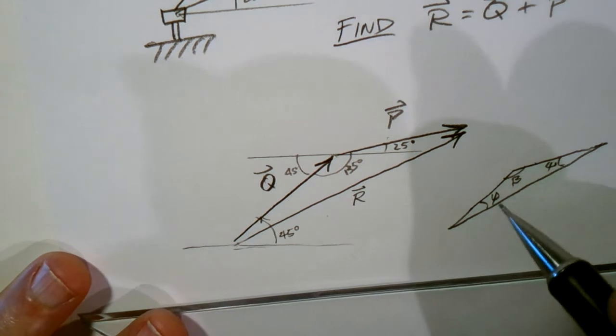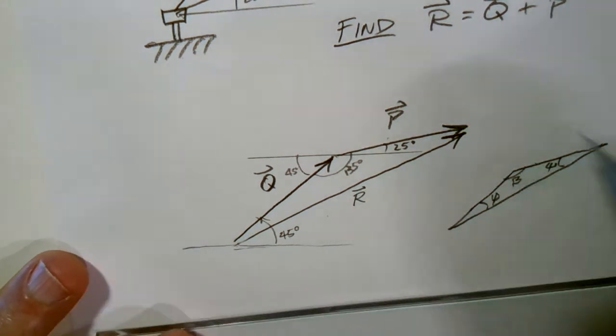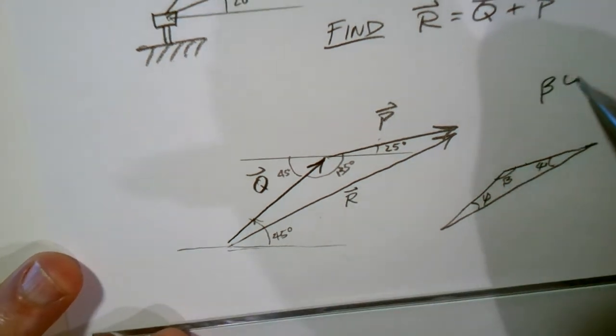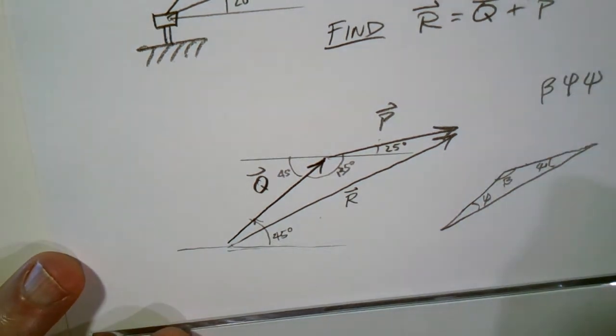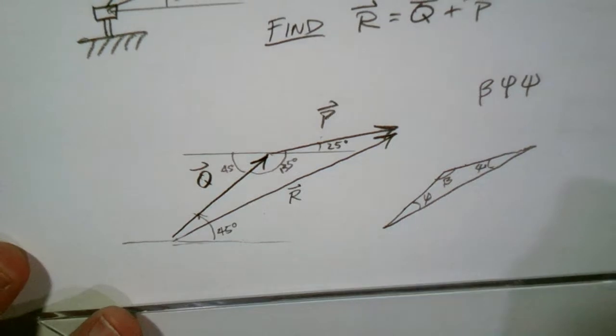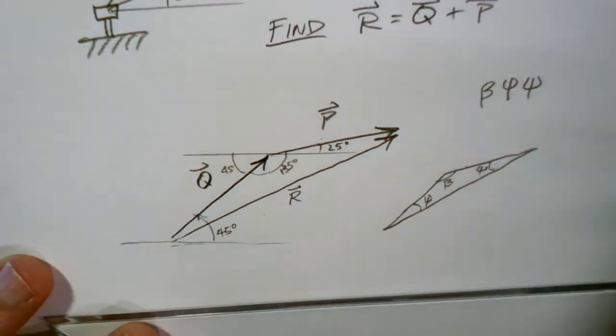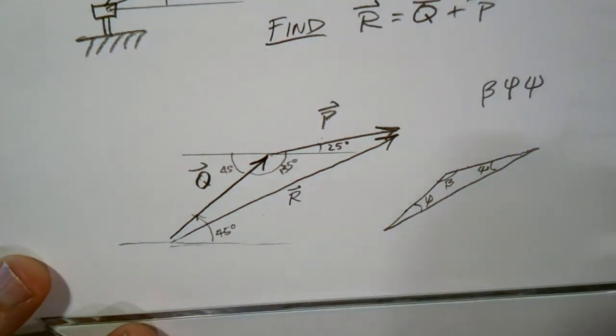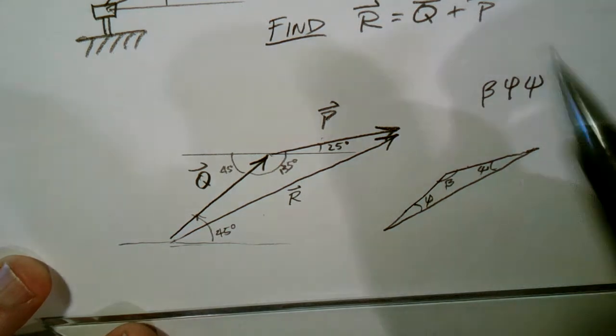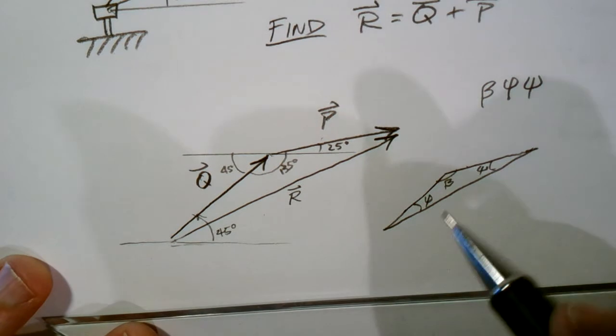I think he's phi. So I like to use beta, psi, and phi. I think those are the correct ones. When dealing with angles, alpha gets used for lots of stuff and theta gets used for a lot of things, so I try to avoid them and use these angles.